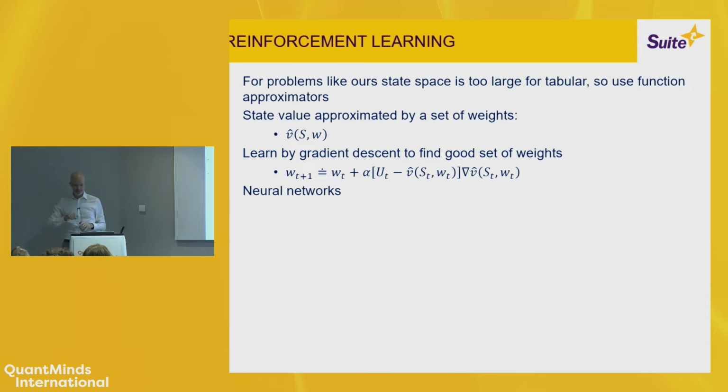This means that we're going to define the state value as a function that's dependent on a set of weights, W in this case. Our objective is now going to be to learn those weights such that we end up with a good approximator for the state value function. And our approximators will be neural networks.